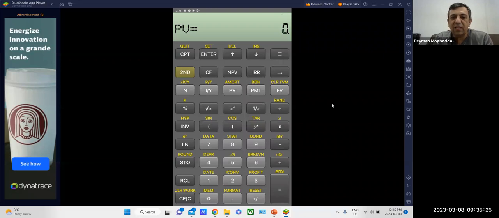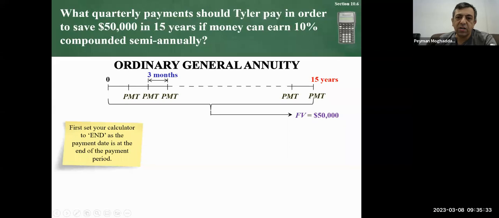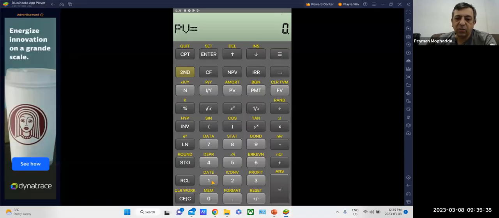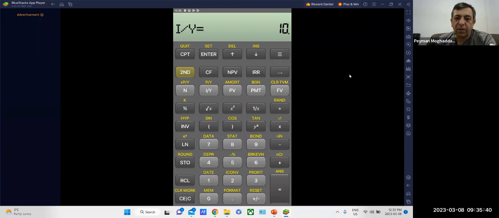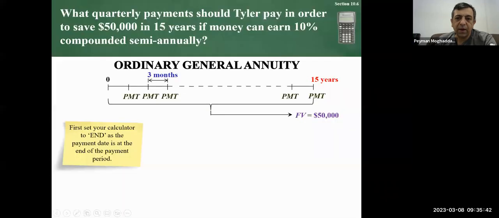He wants to accumulate this money over how many years? Over 15 years. So the present value is 0, future value $50,000, and now 10% compounded semi-annually, so 10% is going to be I over Y. Then we want to know what's the PMT.